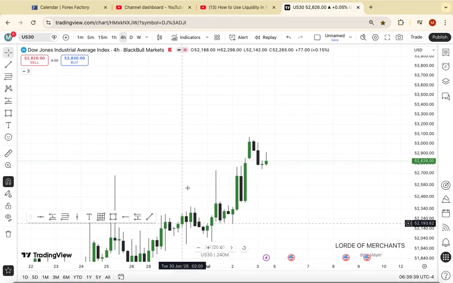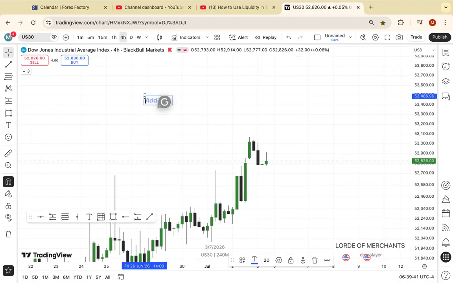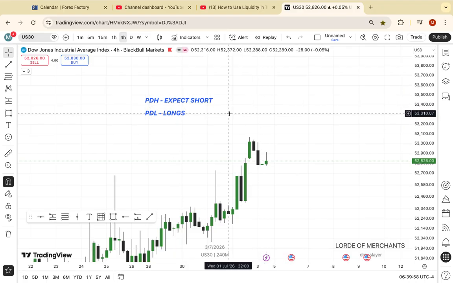You also need to know, sometimes you can wait for price to sweep previous day high, and then you expect shorts, or you see price taking out previous day low, you expect longs. Sometimes this is not the case because you've heard about break of structure.